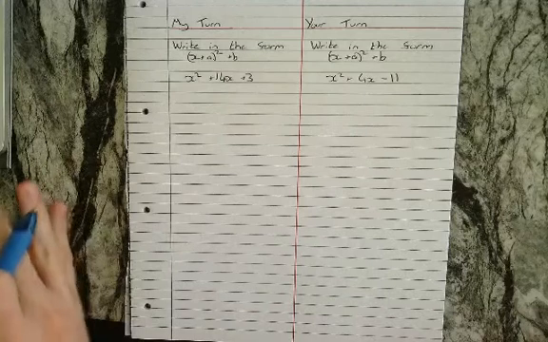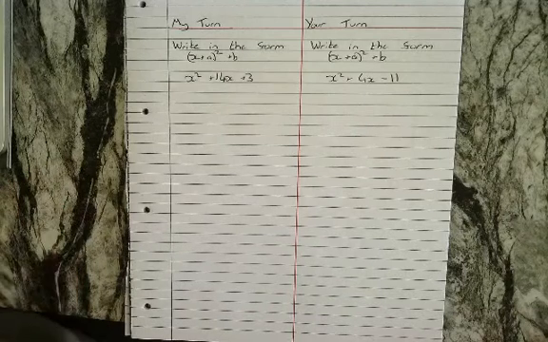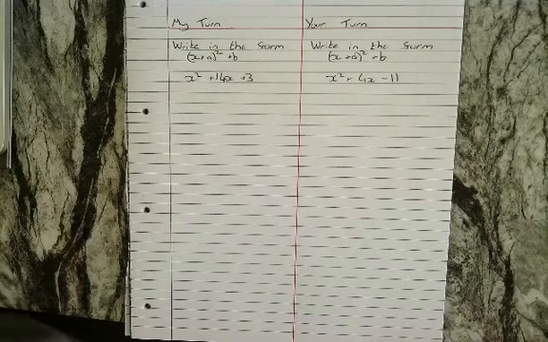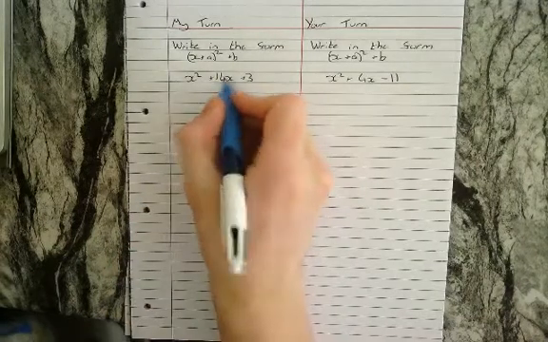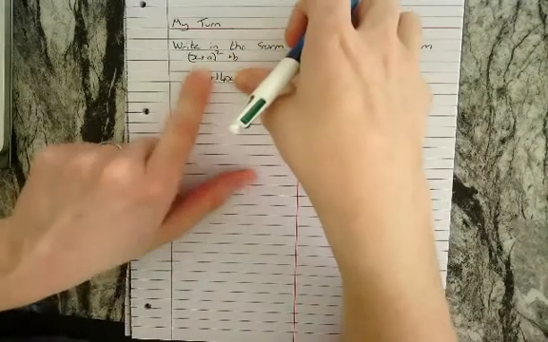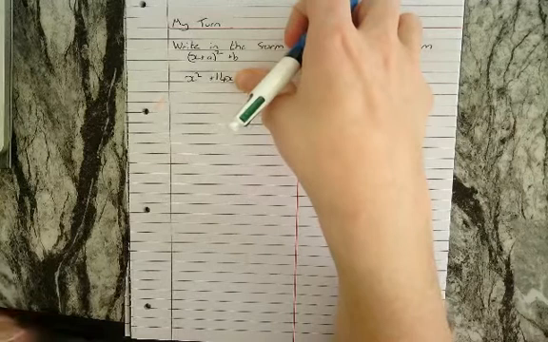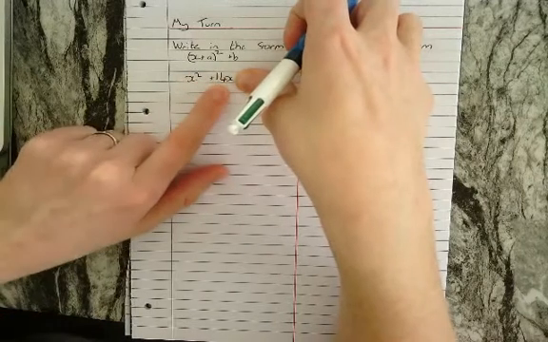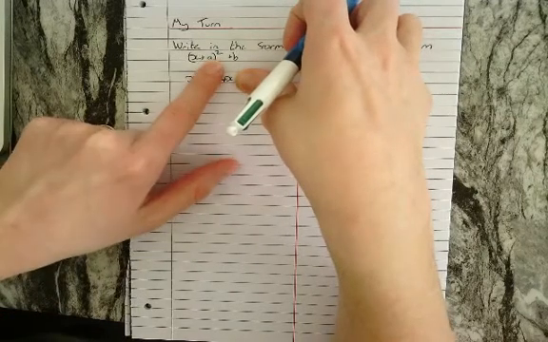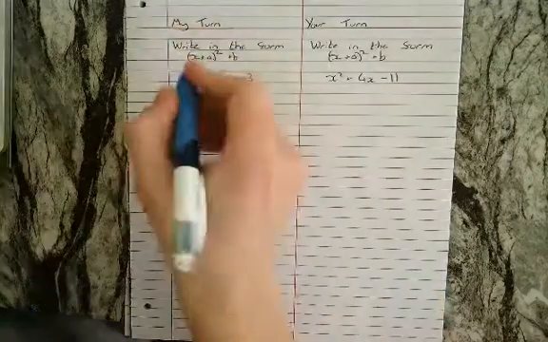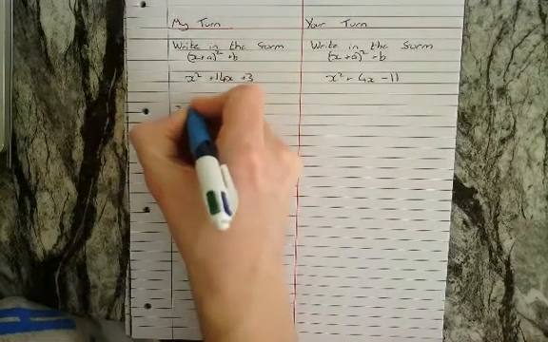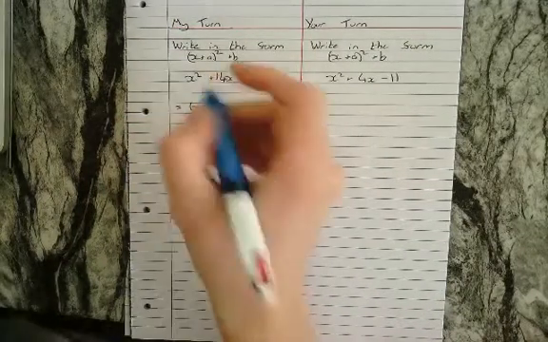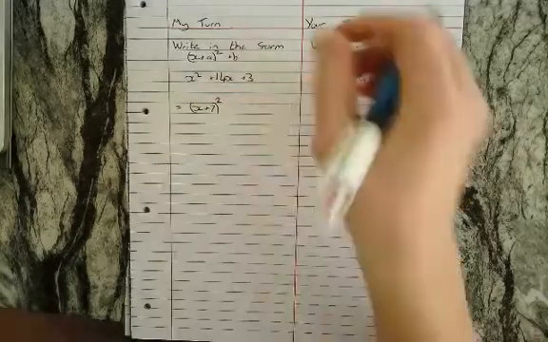And this is where your knowledge of expanding brackets and factorizing quadratics all come into play. So the first step I'm going to do is take this 14 and half it, so that a will be 7. So it's going to be x plus 7 that goes inside my brackets, and then that's squared.